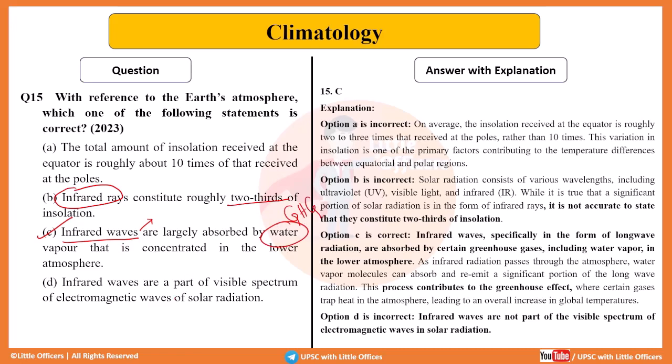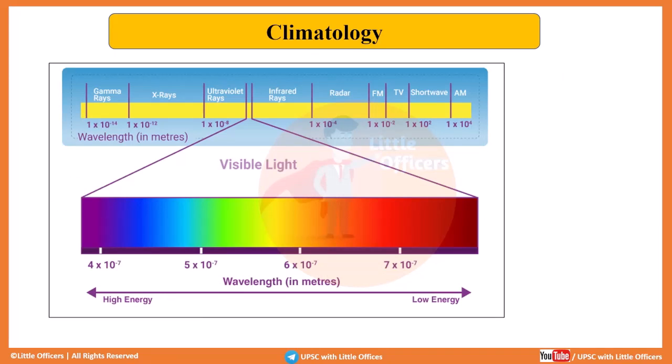And infrared waves are part of visible spectrum. No, they are not part of visible spectrum. They are part of the electromagnetic spectrum. If you look at the electromagnetic spectrum, we have 7 wavelengths, ranging from gamma rays. Gamma rays, also known as cosmic rays, have the smallest wavelengths and highest energy, and they can penetrate any metals also.